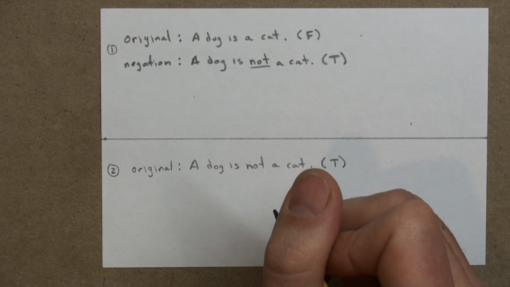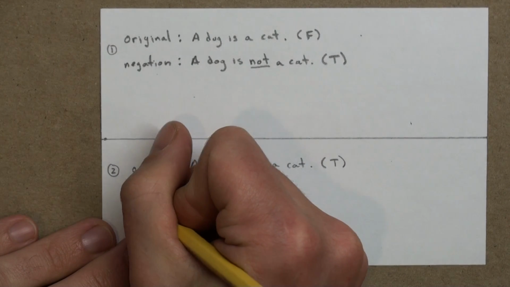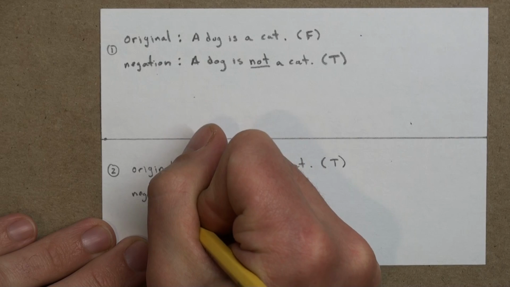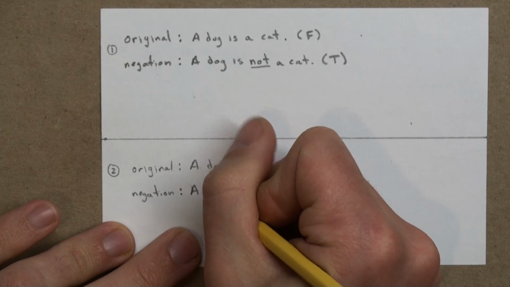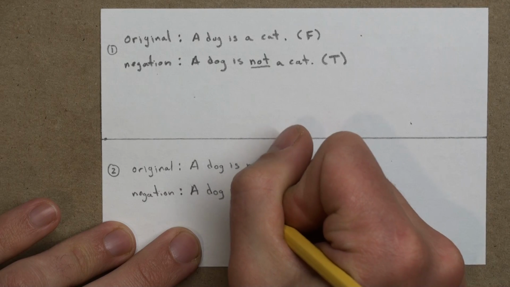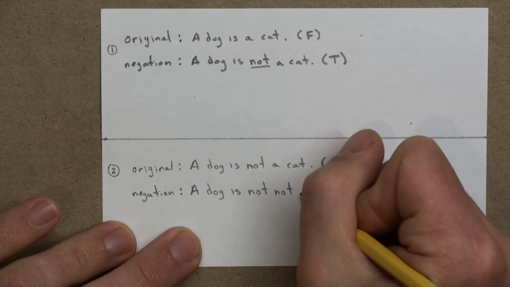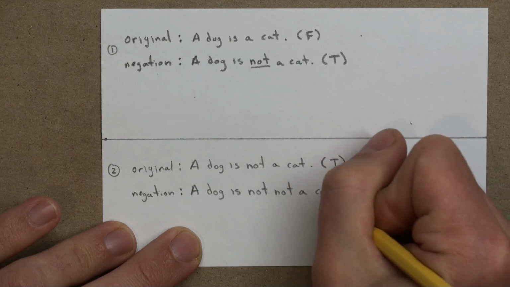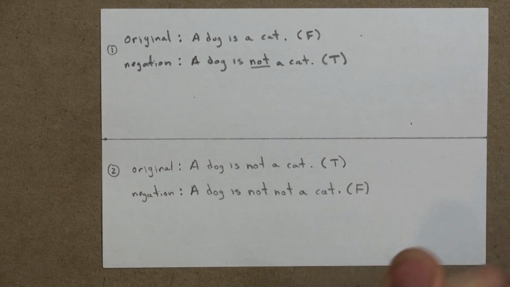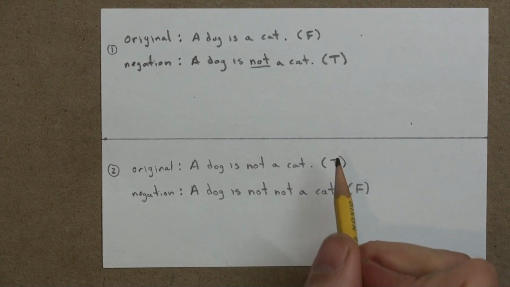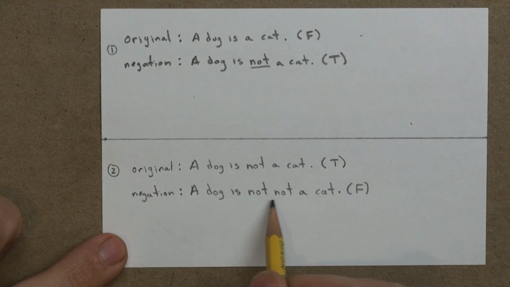So if we wanted to write the negation, we know that we insert the word not. So that means we could put a dog is not not a cat, and that would change the truth value of the original to false. But that's not good English.